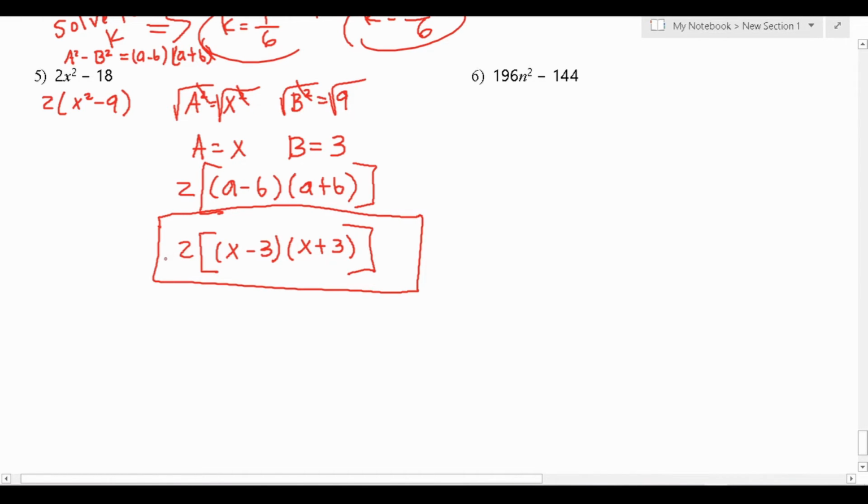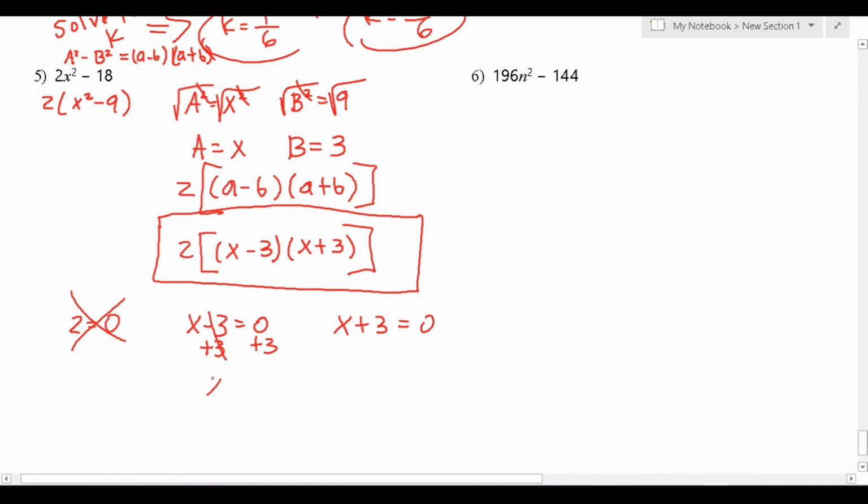And instead of having 2 solutions or breaking this apart, you would do this. You would say 2 equals 0, which is not a true statement, so this isn't one of our solutions, but that's how you would set it up. You would do x minus 3 equals 0, x plus 3 equals 0. And then again, to get x by itself in this one, we're going to add 3 to both sides.